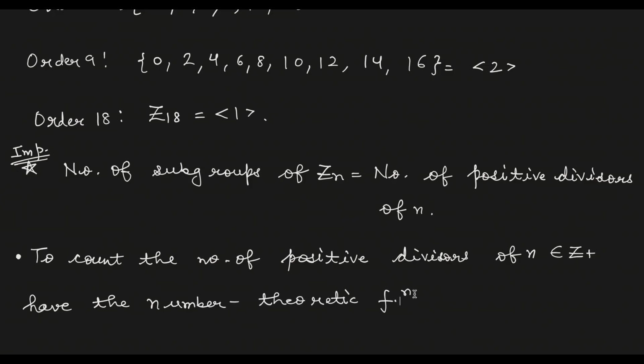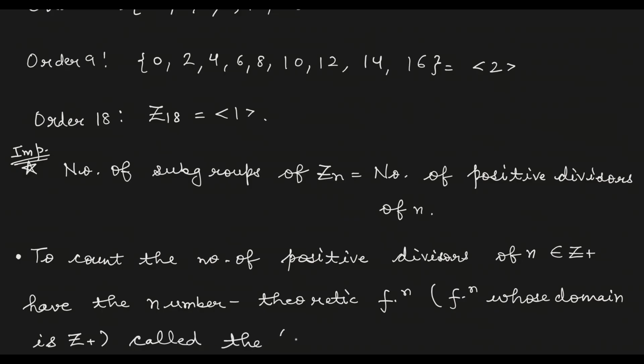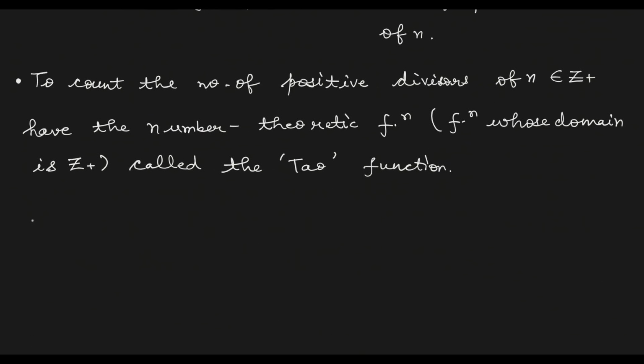A number theoretic function is a function whose domain is Z plus, the set of positive integers, called the tau function. So how to find this? For n belonging to Z plus, tau n is the number of positive divisors of n.